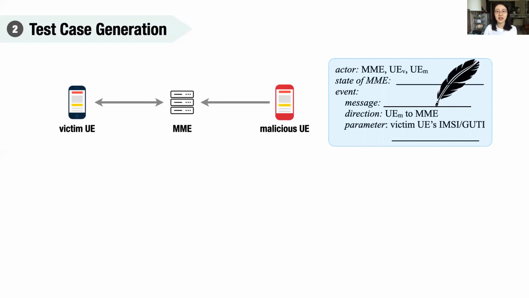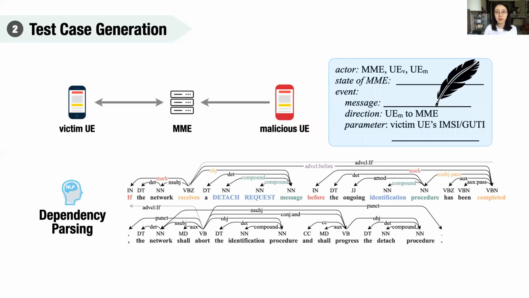Here, we utilize an NLP technique called dependency parsing to analyze the syntactic structure of the sentence. As shown in the slide, in dependency parsing, the verb takes the central control in the clause. All other words either directly or indirectly modify the verb. For example, the word network is the subject of the verb receive. The word message, colored in green, is an object of the verb receive.